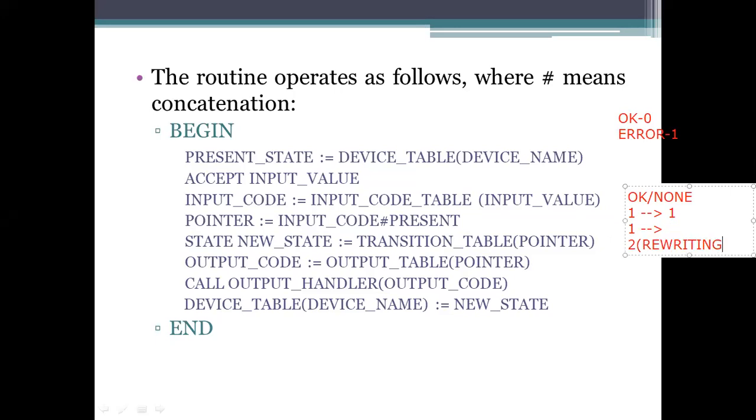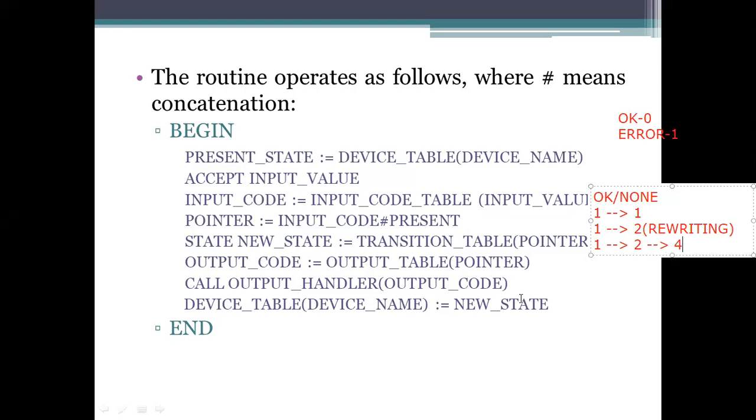Okay, after rewriting, I need to process the tape recorder and confirm whether it is done or not. So where I have to start is from 1, and the next transition is 2, and from the next transition it is 4.